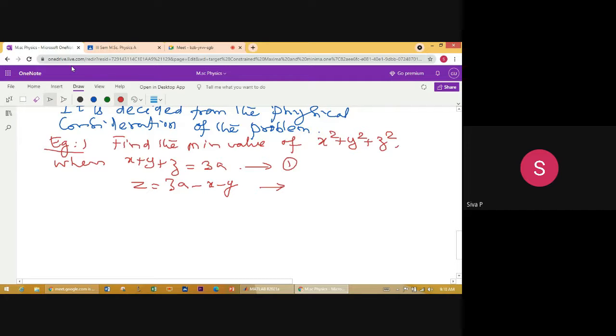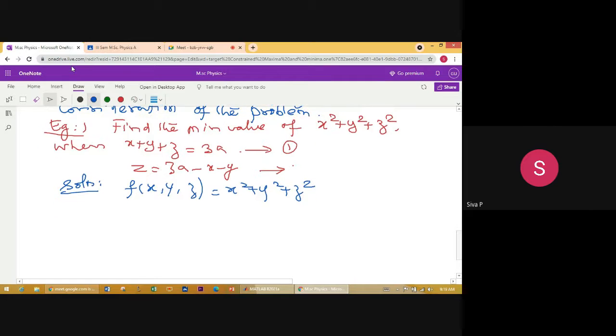You simplify this one. Now write the solution. What is f of x comma y comma z? x square plus y square plus z square.